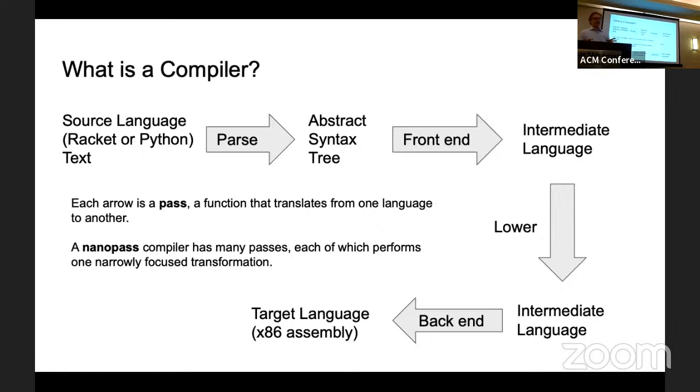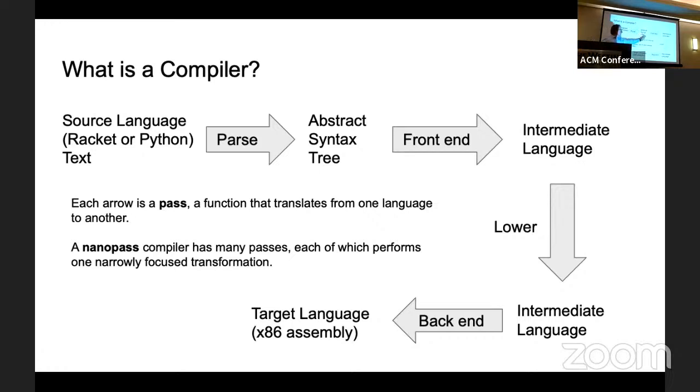And one of the things that we've been doing in Indiana for a long time, and this goes back to Dan Friedman and Kent Dybvig, is that they would use this nanopass approach, where for pedagogical reasons, you try to slice up these passes into fairly small chunks. Each has a very focused responsibility, so that they're easy to bite off.